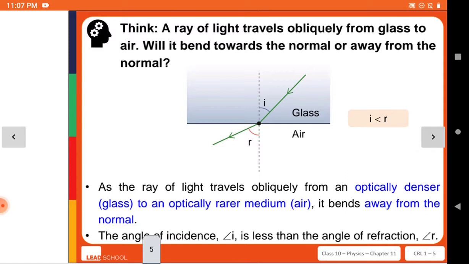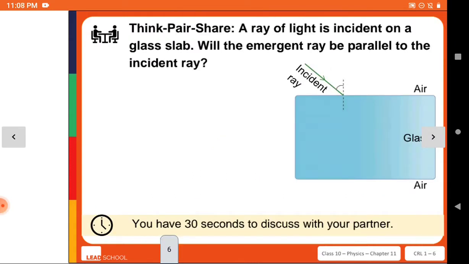So next one is the same, how a ray of light travels from one medium to another medium. One is air, another is glass. This is the glass slab activity, which was also discussed during our lecture.